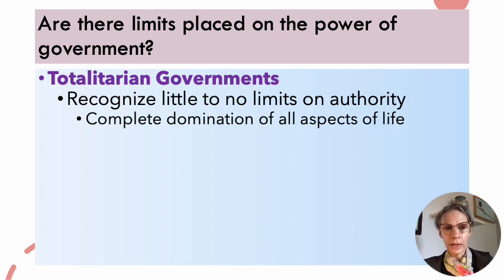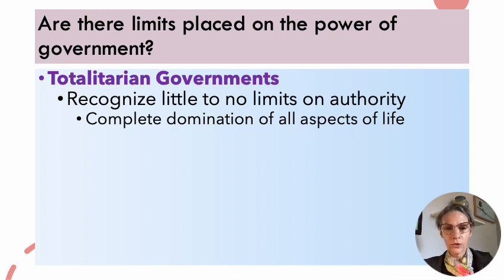There was a really a rise of totalitarianism in the middle part of the 20th century. But we still have some totalitarian governments. Some historic examples are, of course, the Third Reich under the Nazi Party under Adolf Hitler, totalitarian, right? Complete and utter control over people's lives and recognizing no limits on their authority. China under Mao Zedong from 1949 to 1975 is a good example of a totalitarian government.